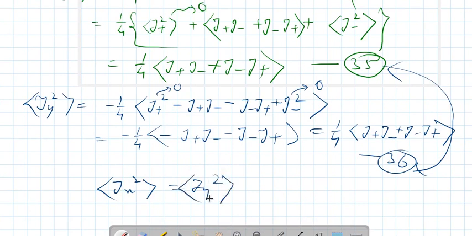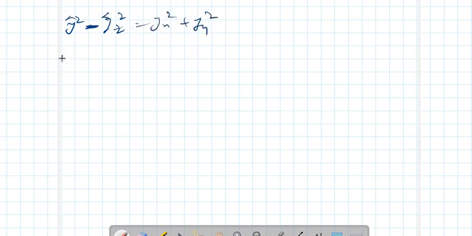Now let us try to find out what their values should be. As I know, j square minus jz square is equal to jx square plus jy square.